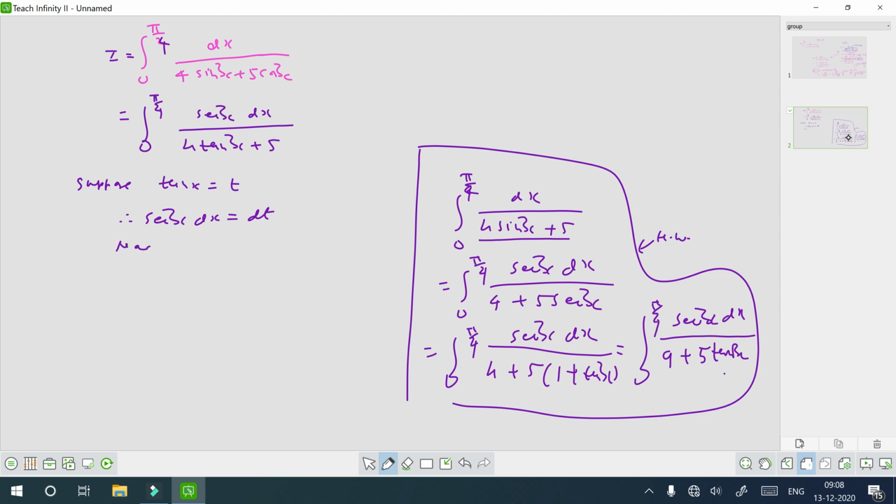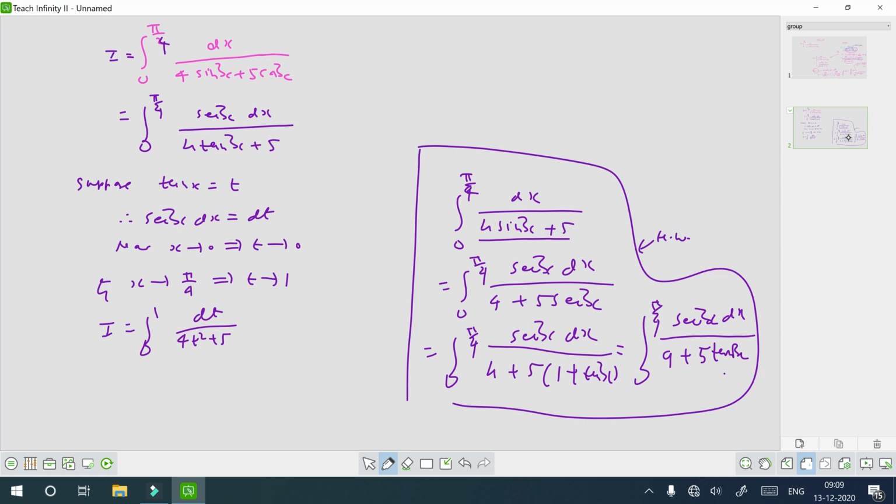Now x tends to 0 implies t tends to 0. And x tends to pi by 4 implies t tends to 1. So I is equal to the integral from 0 to 1 of dt over 4t square plus 9.